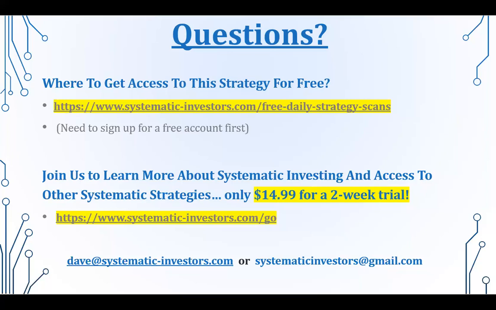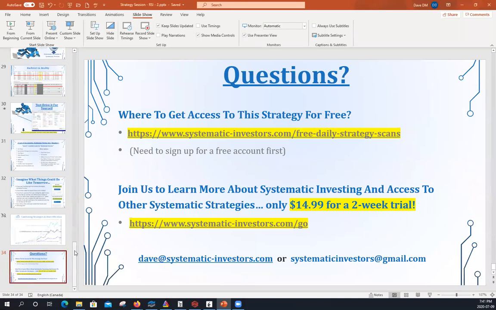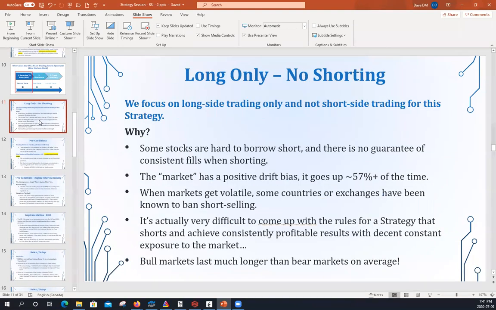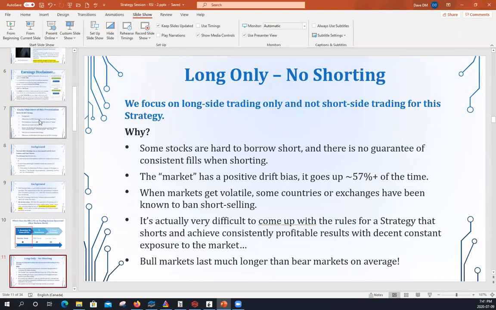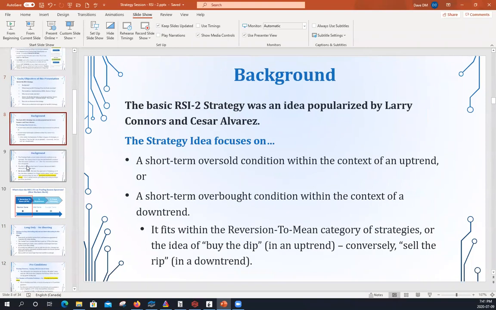Ivor says, hi, Dave. I came in a couple of minutes late and missed the system rules, including your regime filter. Could you please re-show the slide showing the system rules in the regime setup? Sure. This is also being recorded, but let me jump back to that quickly.